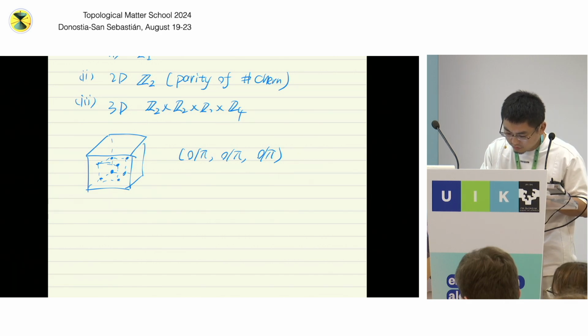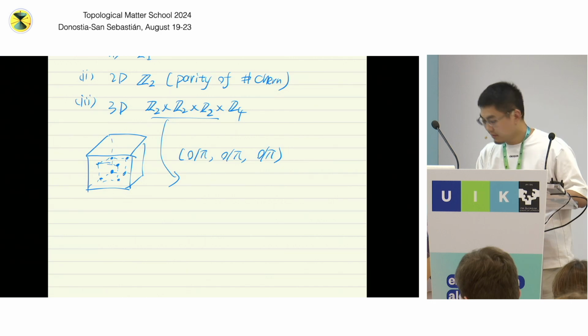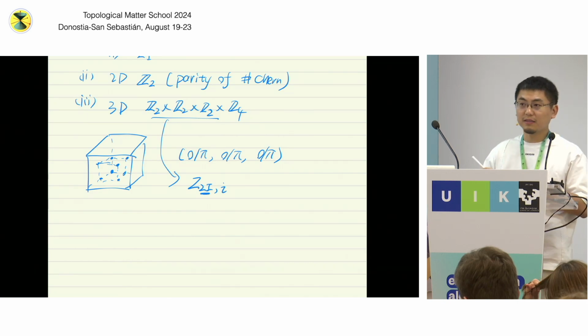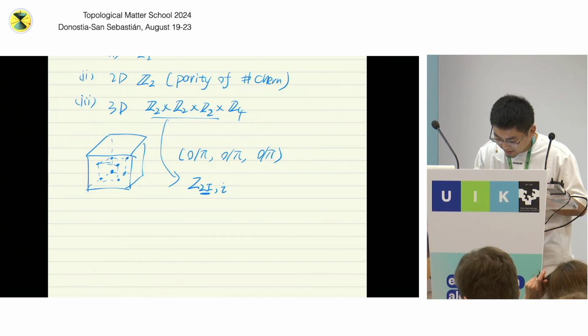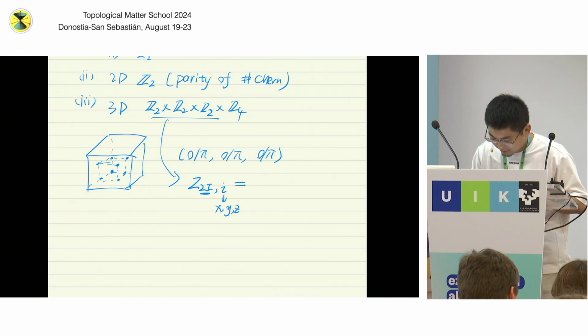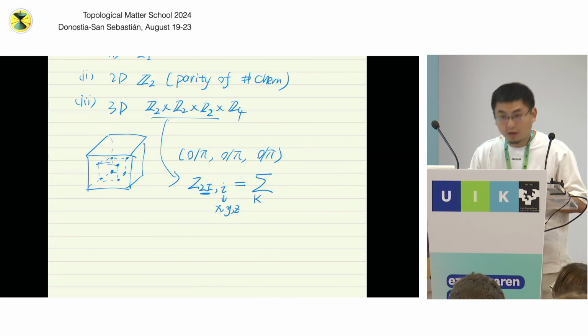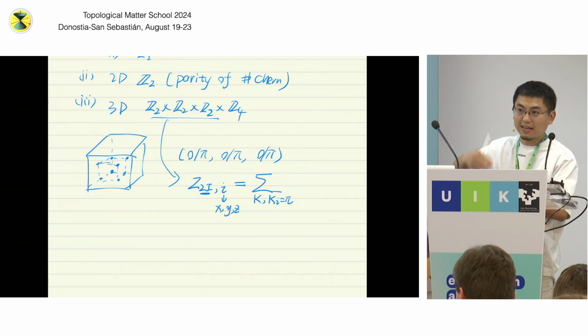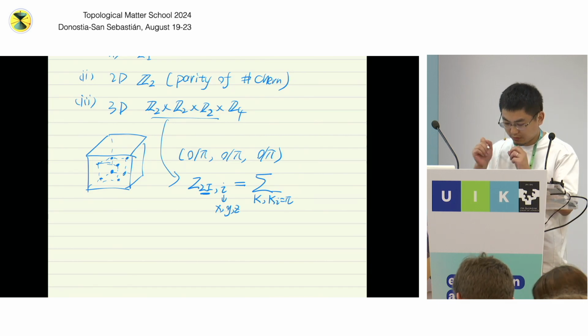So the 3 Z2 factors are given by indicators Z2I. This 2 just means it's Z2 valued. And this I takes values in X, Y, and Z. And it's defined by this expression. Sums over all the high symmetry momenta with its ith momentum component equal to pi.